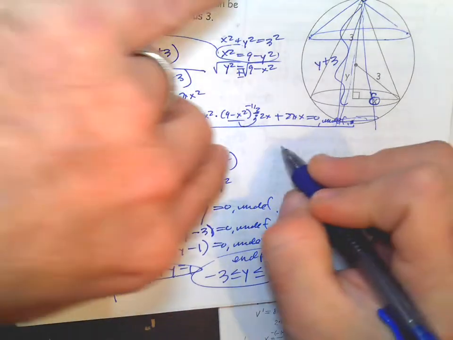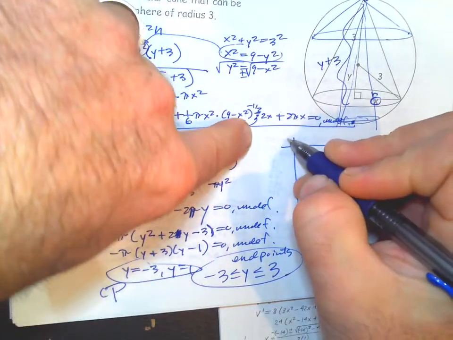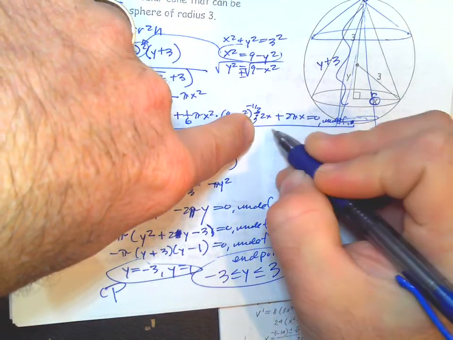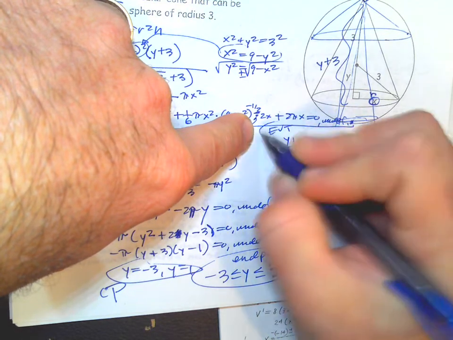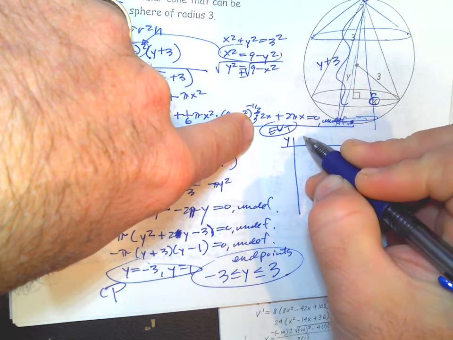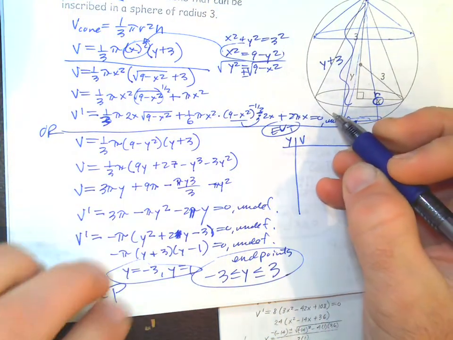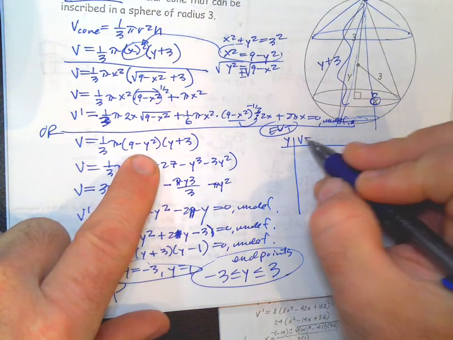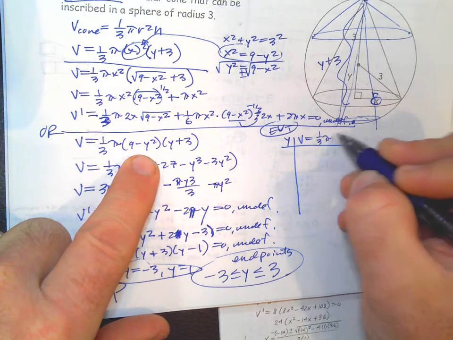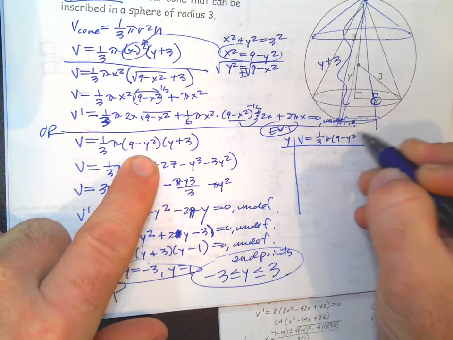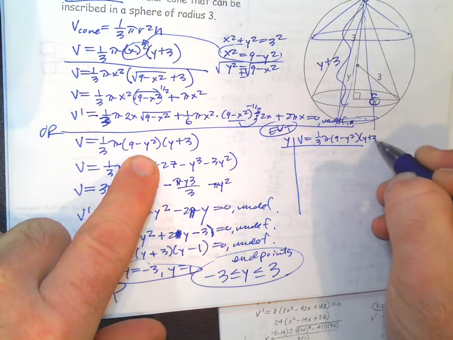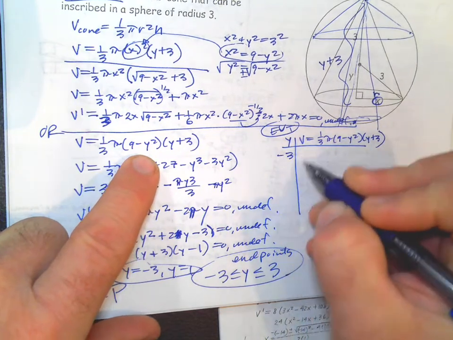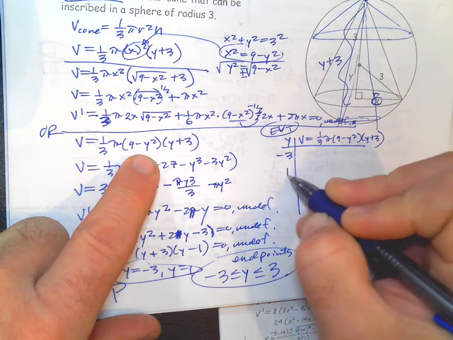So like I've already demonstrated a couple times, I don't think you really want to do the first derivative test, and this time we don't have to, so I wouldn't. I don't know which volume formula, maybe this one might be the easier one to use for calculations. So negative 3, 1, and 3.